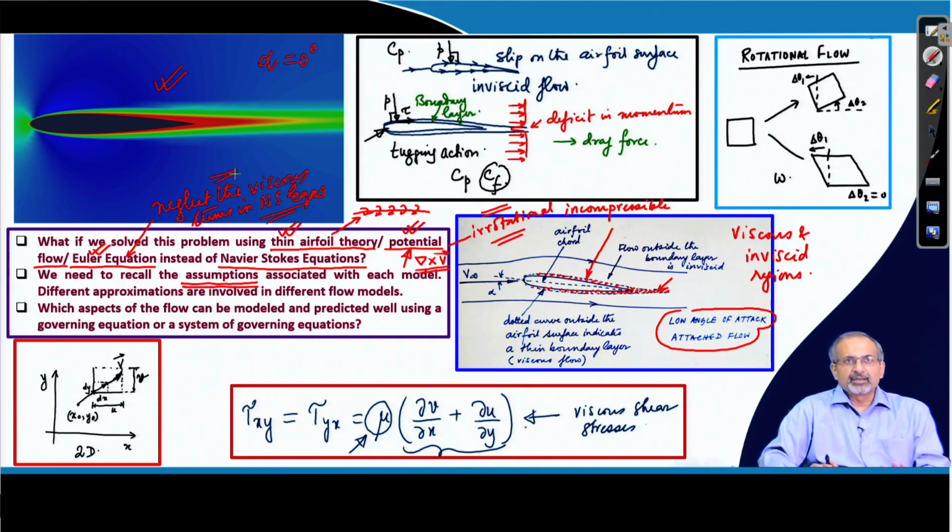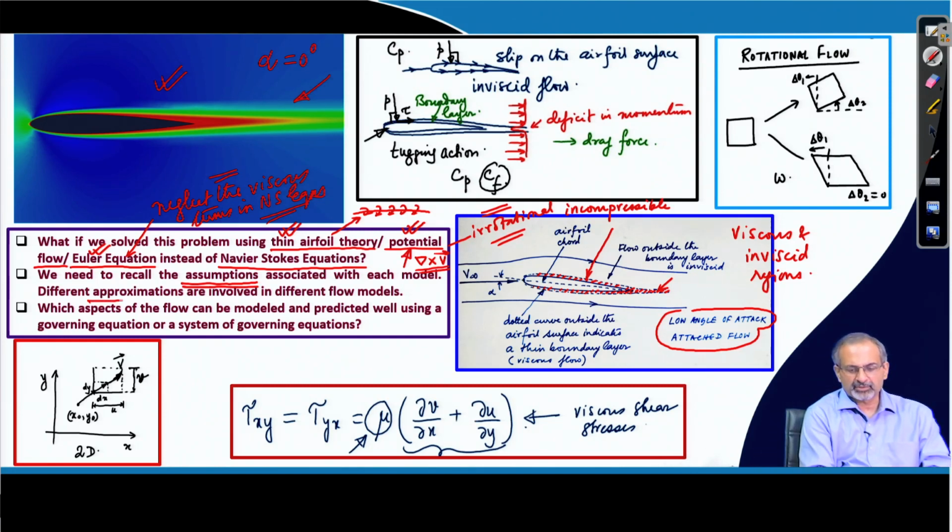So, keeping these assumptions very well in view, we need to understand what the capabilities of each one of these models would be, and from typical flow computations, results like the ones we can see over here, we should be able to backtrack what the possible flow model was which was used.